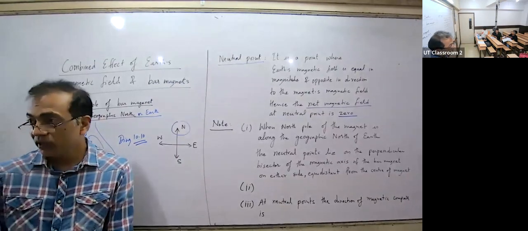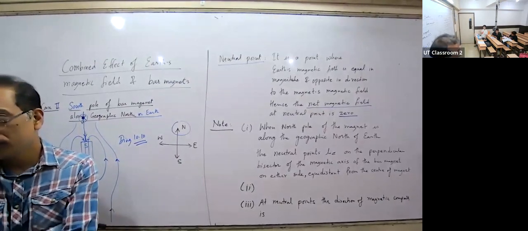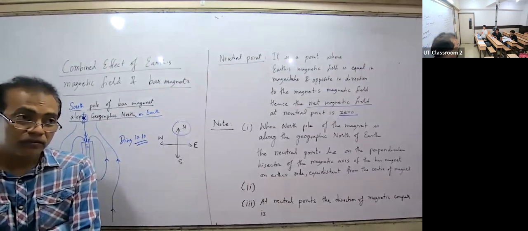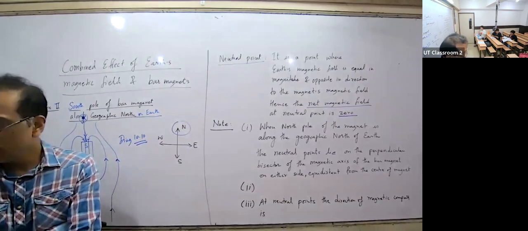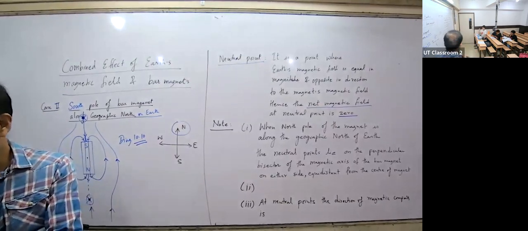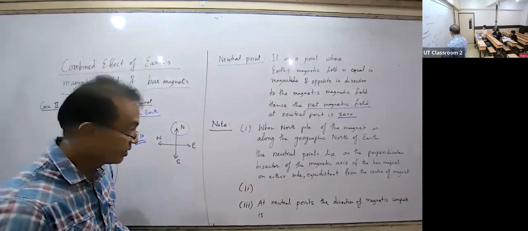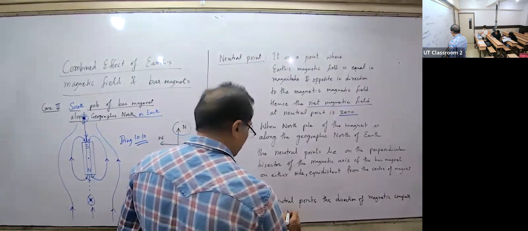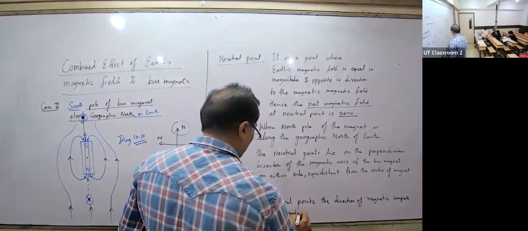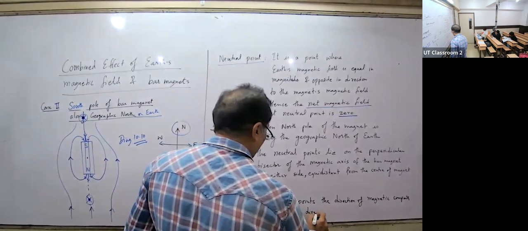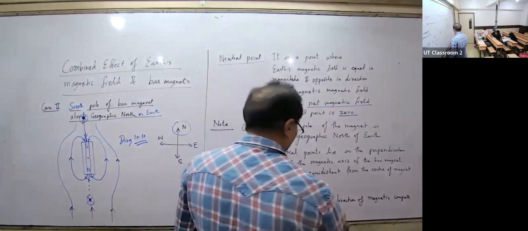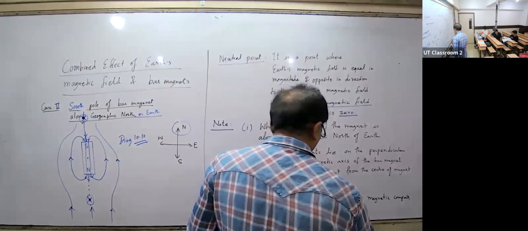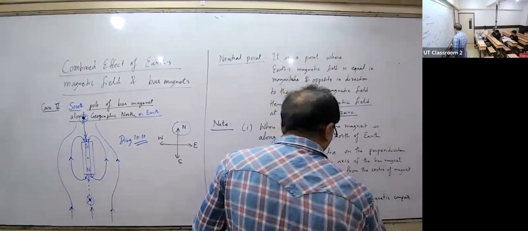Is there a magnetic field at a neutral point? No. So what should be the direction? Any random direction. It is arbitrary. Any random direction, as there is no magnetic field at neutral points.